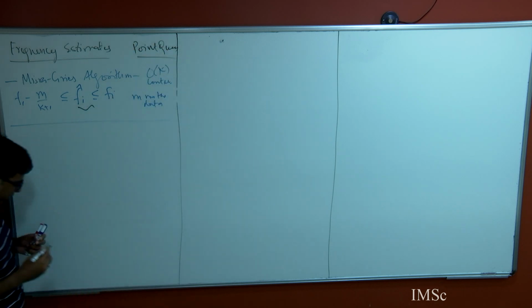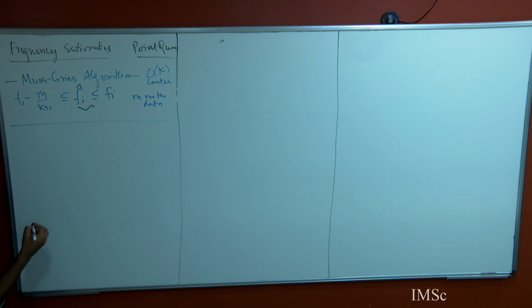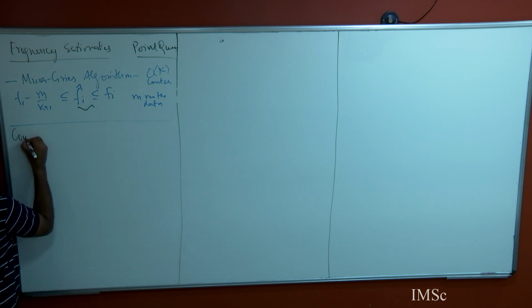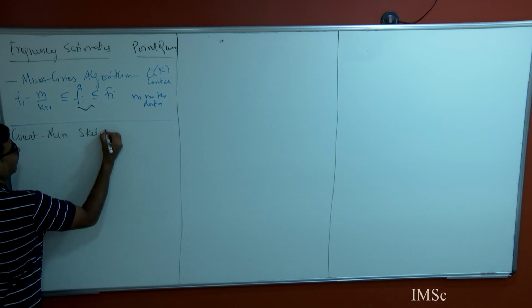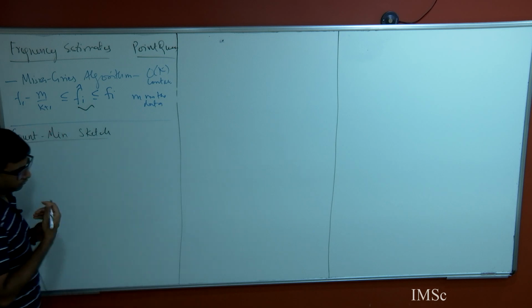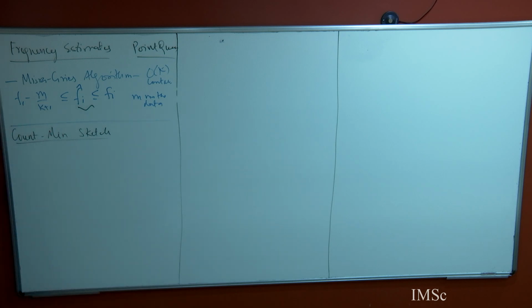Okay. So the second data structure, or second algorithm, which we saw yesterday, is what is called the count-min sketch. We will go through this once again and see several applications for count-min sketch before we move forward.